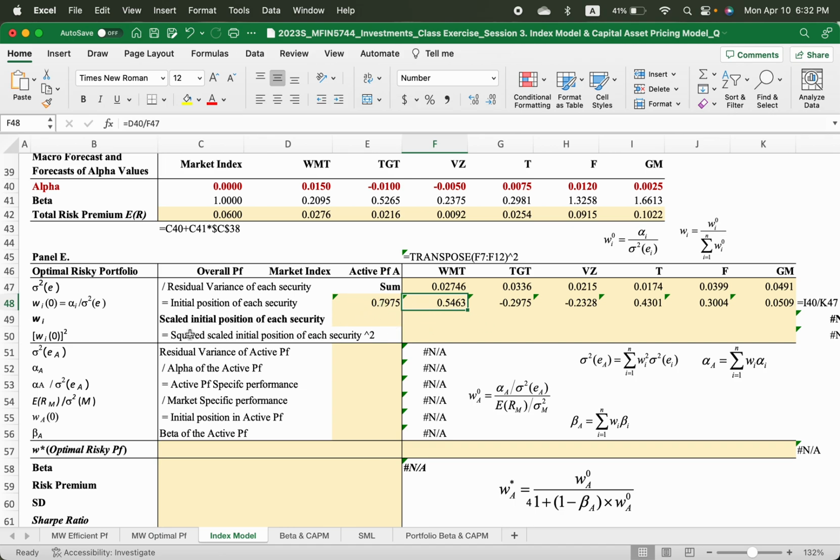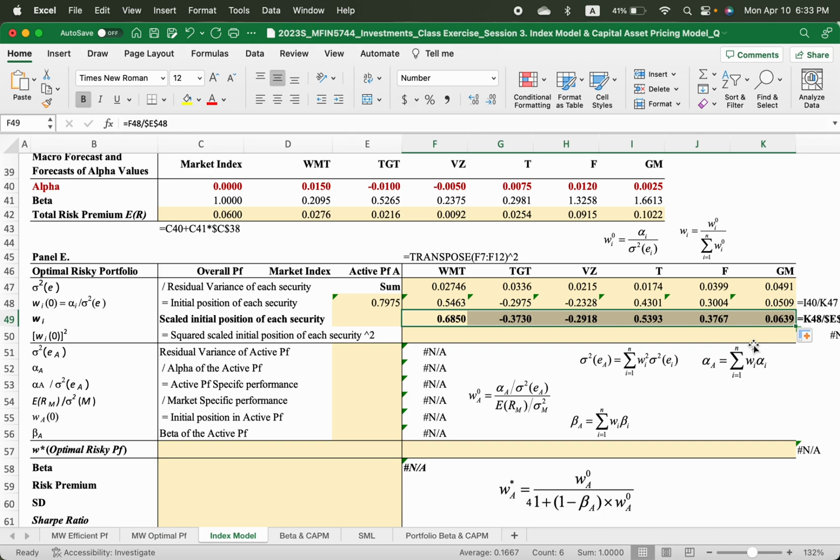Now we need to scale by 100%, right? Then how do we scale the initial position of the securities? We can just calculate divided by, so this is the position, right? But I want to fix this. Then let's just drag.